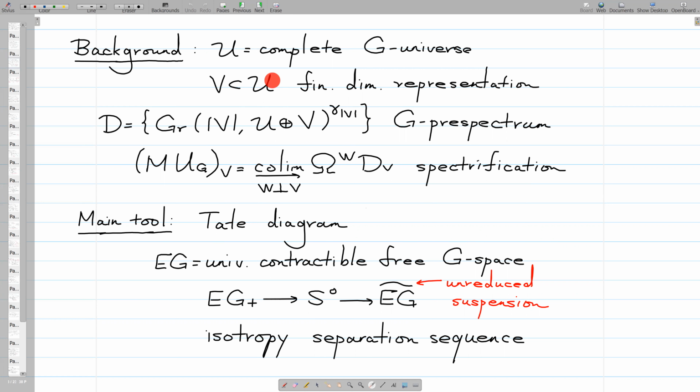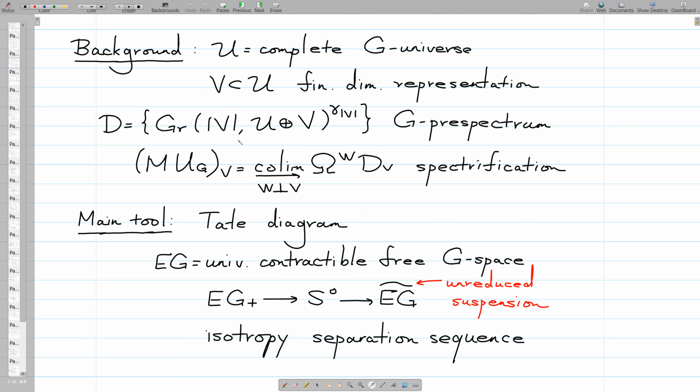Then the genuine G spectra, one of the basic points of equivariant stable homotopy theory, are indexed by the finite dimensional representations, precisely the finite dimensional subrepresentations sitting inside the universe.